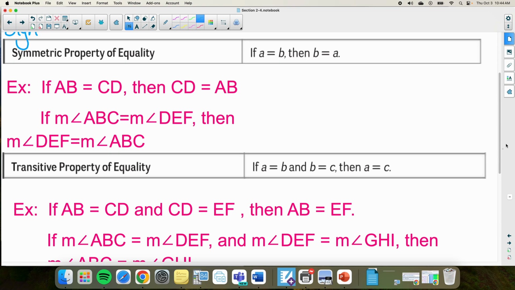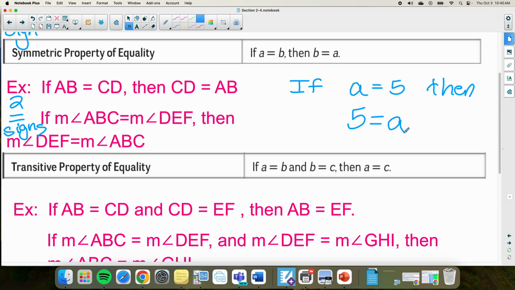Now notice here we have two equal signs. Okay? So it could be something like if A equals 5, then 5 equals A. So you're just taking that and flipping it, okay?